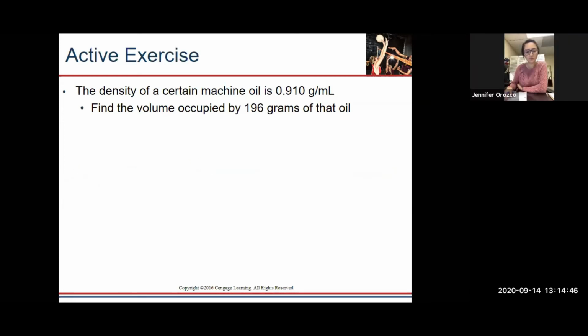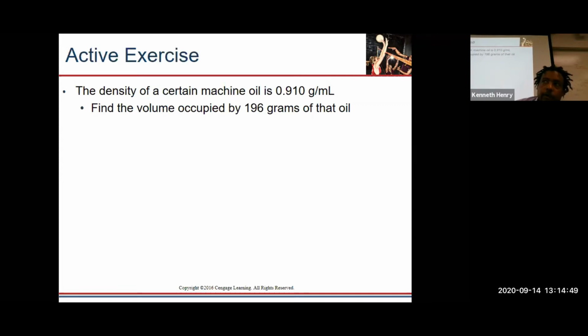Okay, let's see. It says the density of a certain machine oil is 0.910 grams per milliliter. Find the volume occupied by 196 grams of that oil.